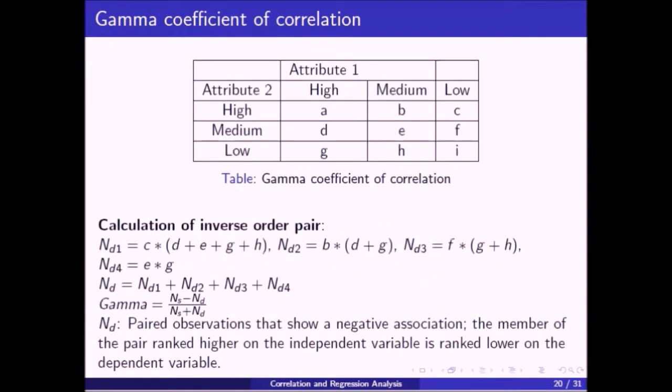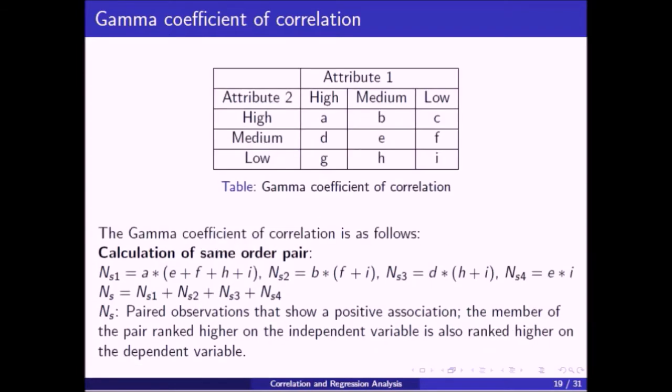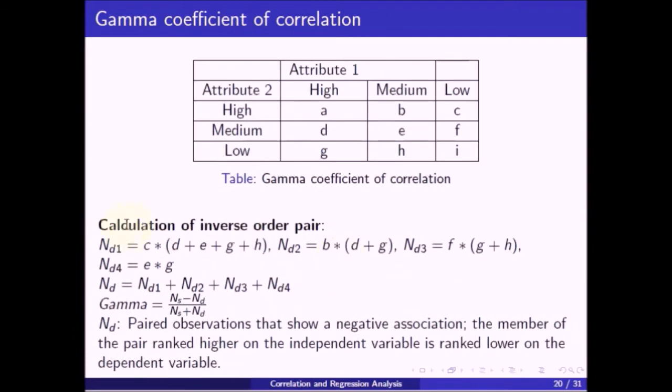Next we calculate the inverse order pairs. In the previous case we calculated same order pairs; in this case we calculate inverse order pairs. We have to calculate ND, which is ND1 plus ND2 plus ND3 plus ND4.